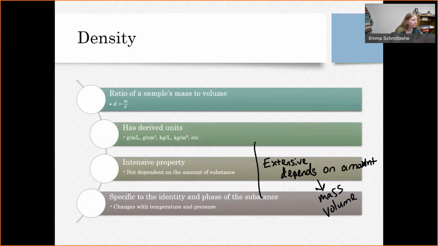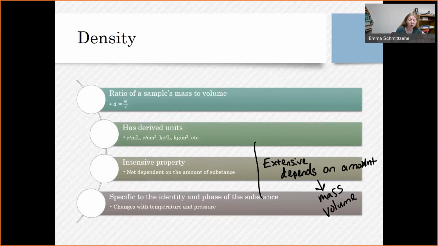Now, one other thing that I already kind of mentioned a little bit, it is specific to the identity of the substance, but also to the phase, okay? So water has a density of 1 gram per milliliter. When it's in the liquid phase, it's pretty close to that, no matter the temperature, okay? But if I take that sample of water and I freeze it, the density is going to be different, okay?